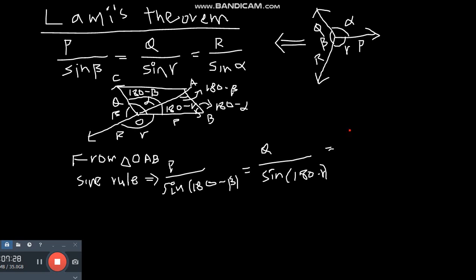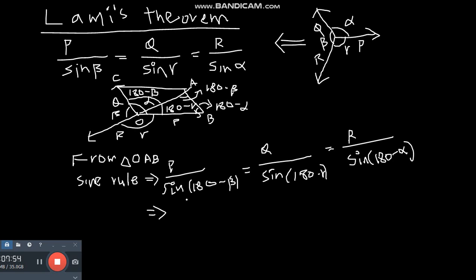So R divided by sine of 180 minus alpha. Now, which implies, we know that sine of 180 minus beta is sine beta.